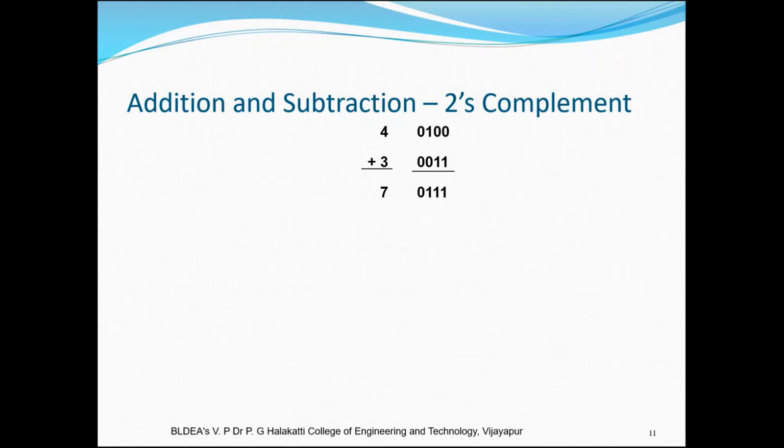So when I perform addition, 0 + 1 is 1, 0 + 1 is 1, 1 + 0 is again 1, 0 + 0 is 0. So which will give me 0111, which is nothing but +7. So whenever we are performing addition of positive numbers, it makes no difference because it is simple addition of positive numbers. So it is the same in all the three systems.